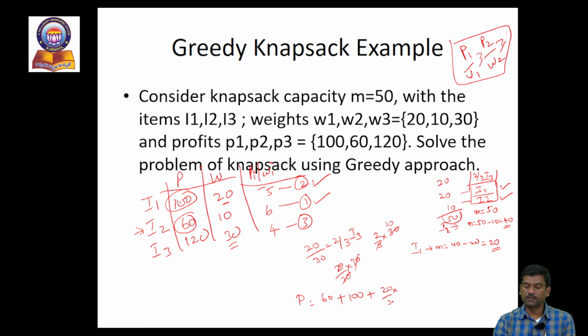That is 20 by 30 into the profit of the third item, which is 120. So 30 into 120 gives 80. The total profit will be equal to 60 plus 100 plus 80, that is 240. This is how you can solve this kind of problem.